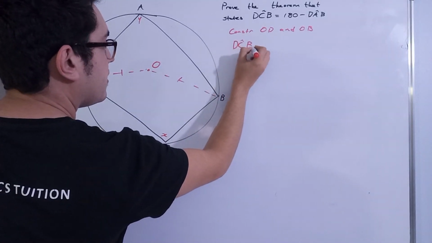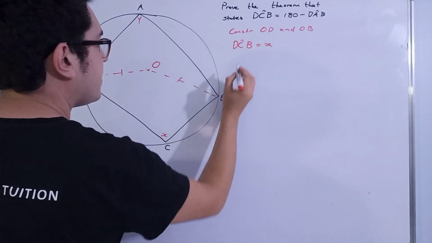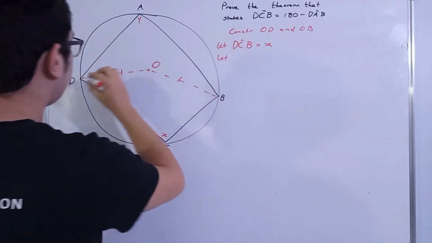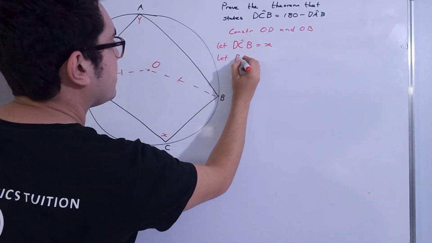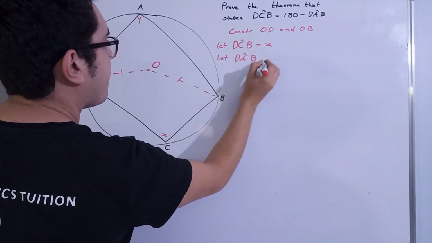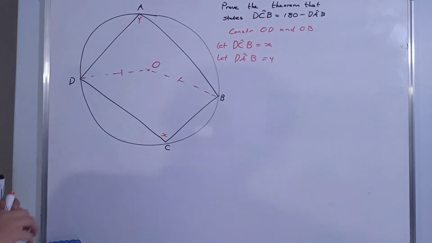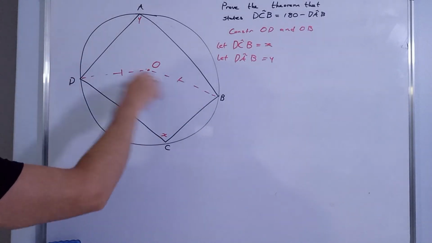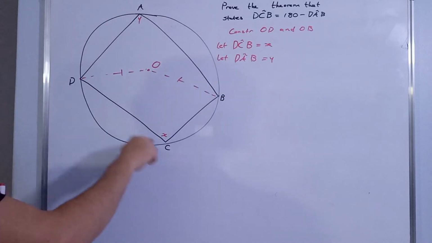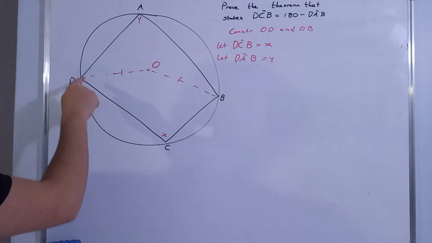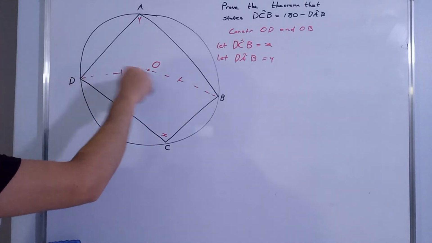DCB equals x. So we'll say let DCB equal x, and we'll say let DAB equal y. If we look carefully at this, we can see that DB, which is an arc, subtends DCB. It also subtends angle DOB.